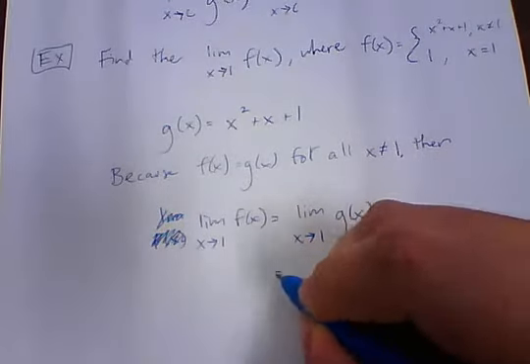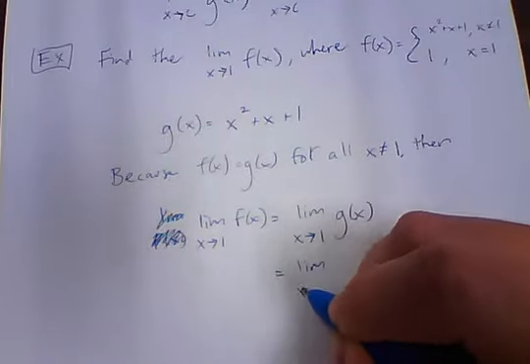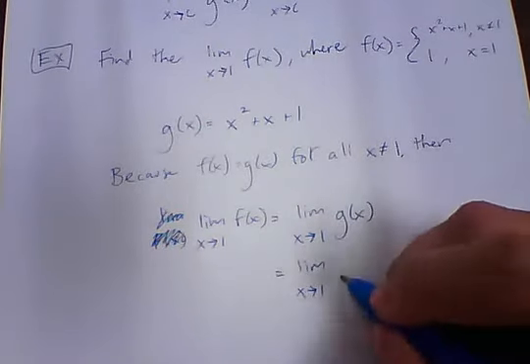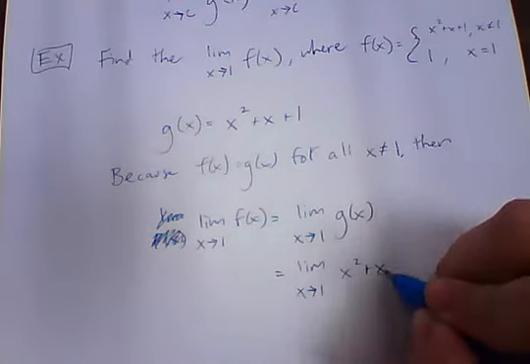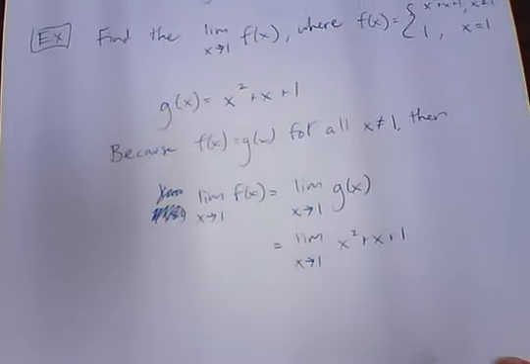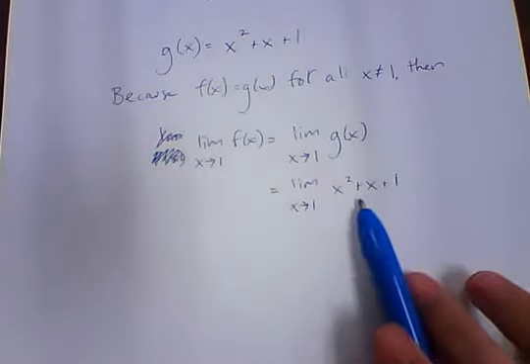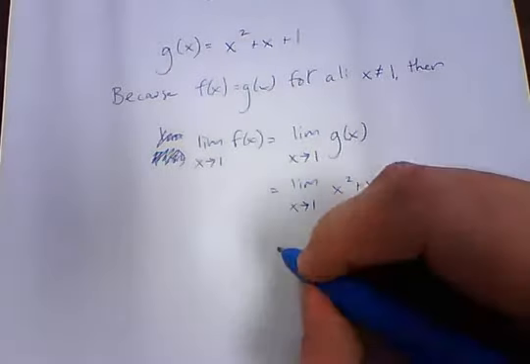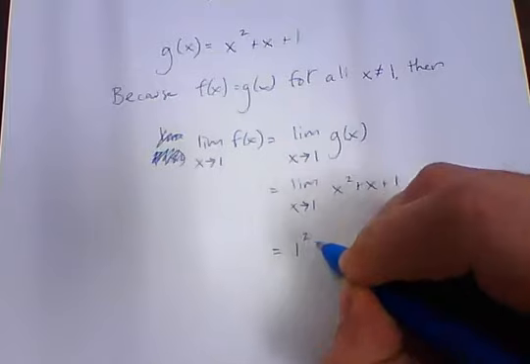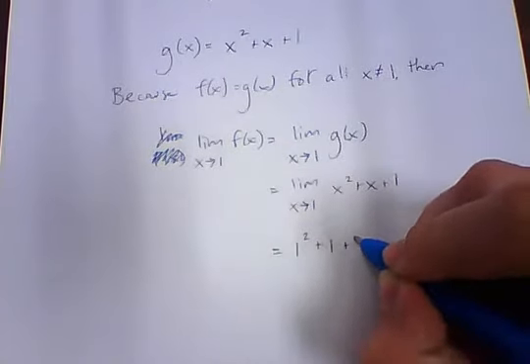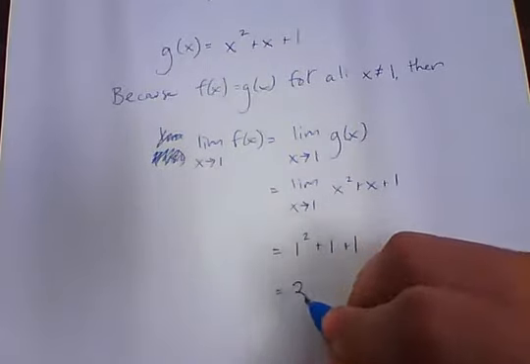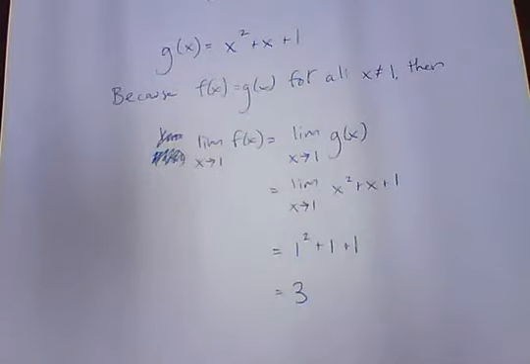So it's the same as x approaches 1 for x squared plus x plus 1. Now we know from our last video that this polynomial is something we can directly substitute into to find our limit. So we can call this 1 squared plus 1 plus 1, which is just going to be 3. And voila, we've found our limit.